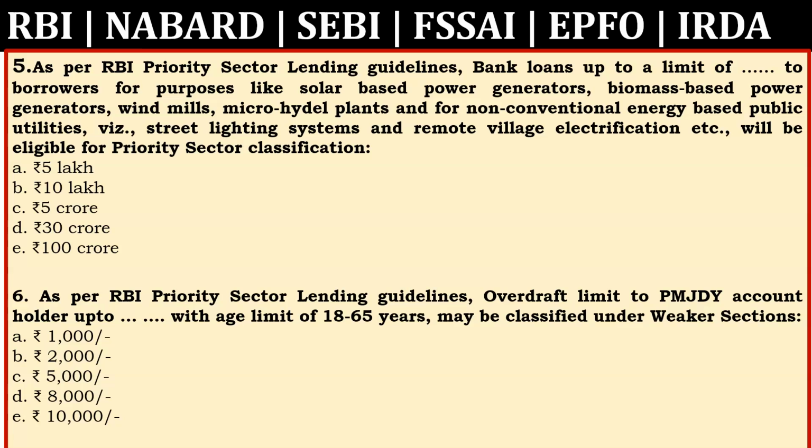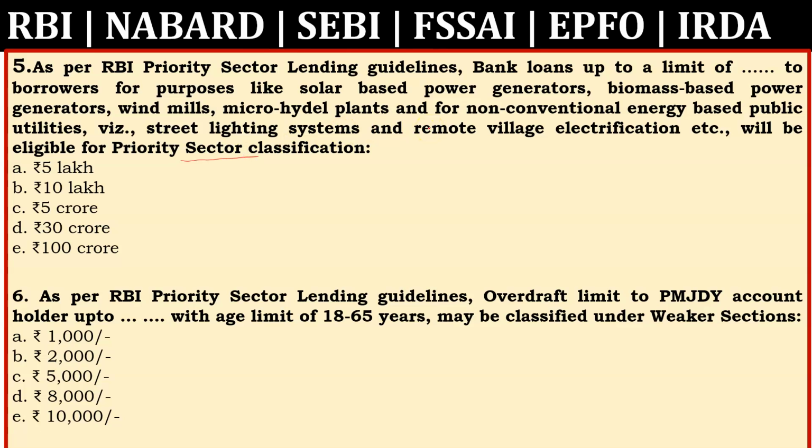Next question: as per RBI priority sector lending guidelines, a bank loan up to a limit of rupees dash per borrower for purposes like solar based power generators, biomass based power generators, windmills, micro hydel plants, and for non-conventional energy based public utilities, street lighting systems, remote village electrification, etc. will be eligible for priority sector classification.